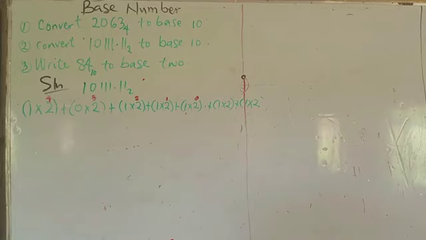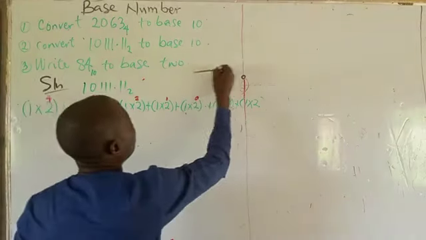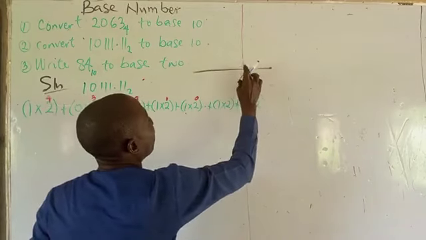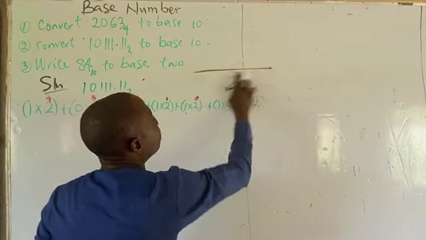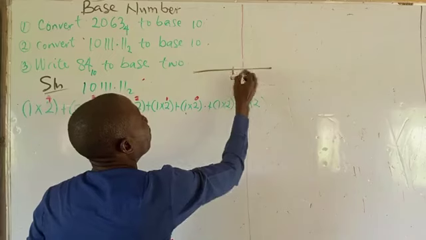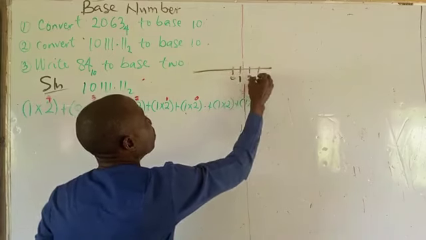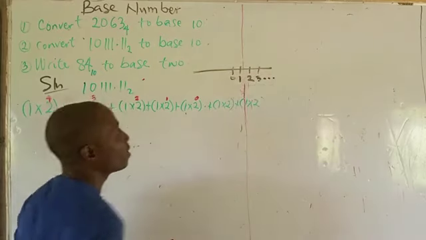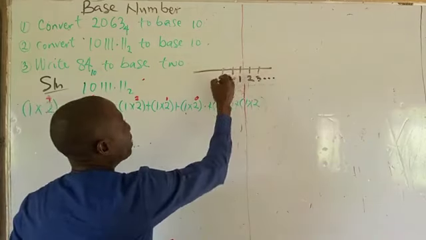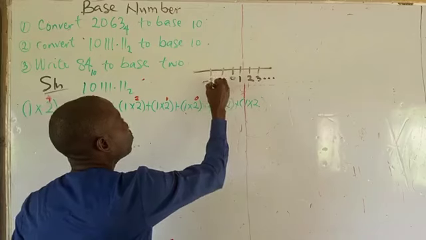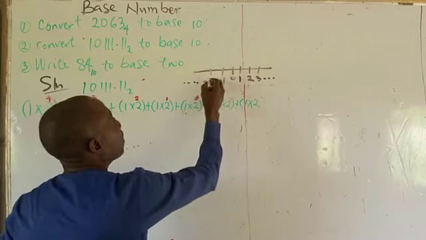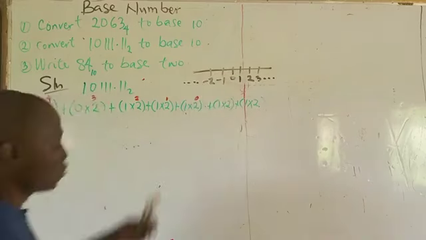If you remember your number line, if this is 0, on the right you have positive 1, positive 2, positive 3, and it goes on that way. And on the other side, you have negative 1, negative 2, and it goes on that way. That's the same thing we do here.